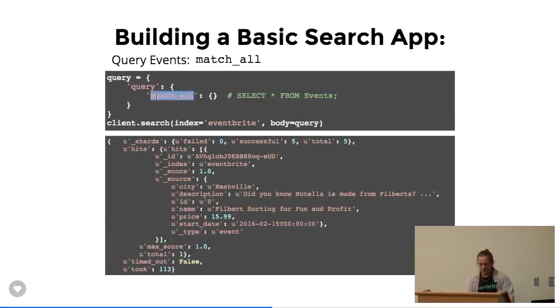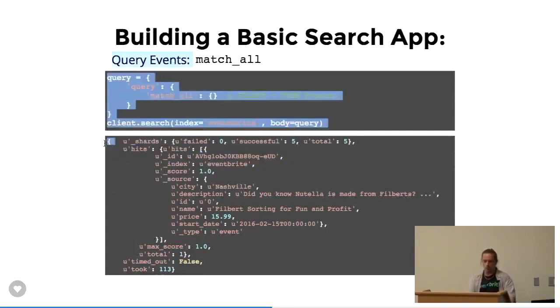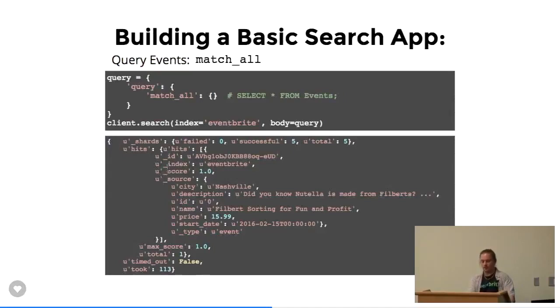So the simplest building block for pulling stuff back is this match all query, and it does exactly what you think. It's effectively the select star from the events table. It gets everything back in the order that you indexed it in, and you don't have to understand what is on the screen here, but I'll provide these notes on my Twitter account later.